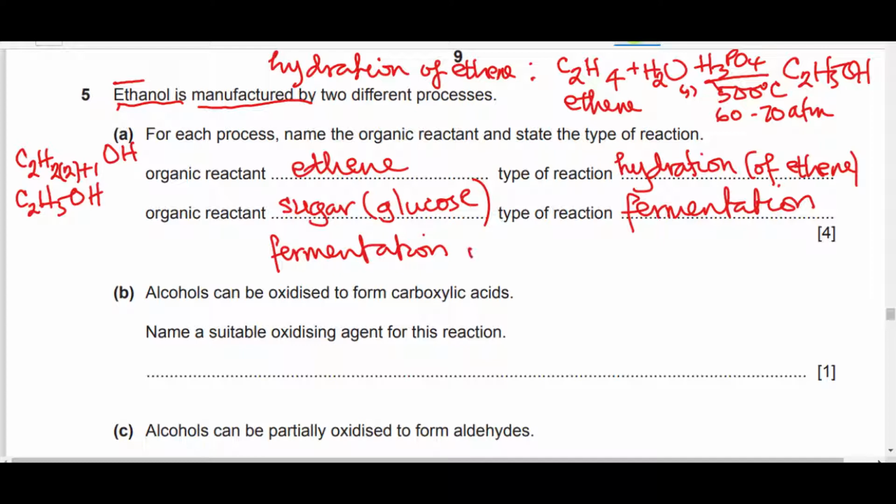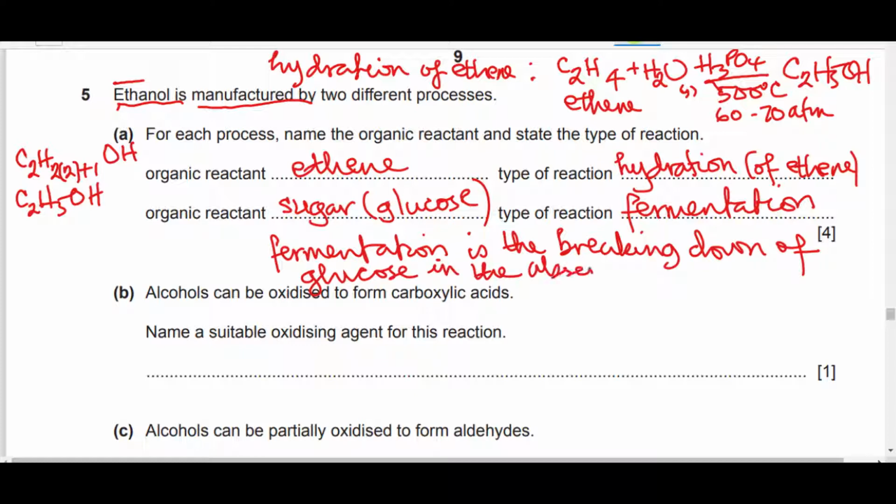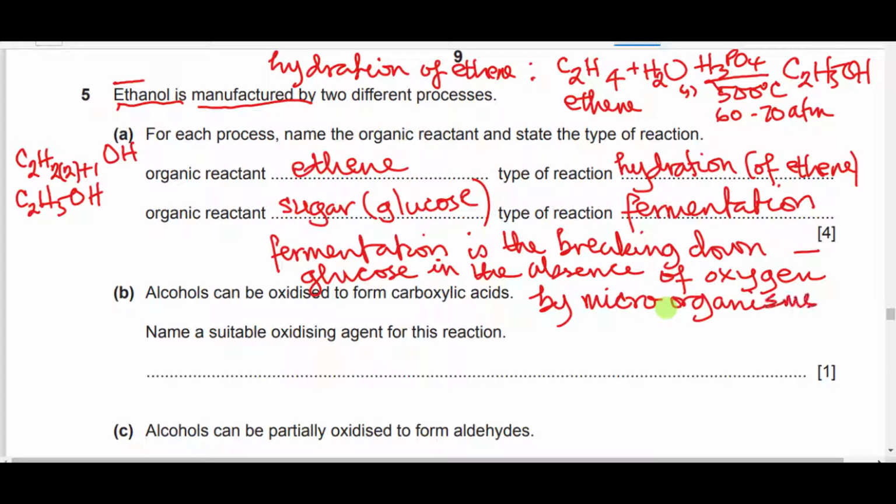Then fermentation, on the other hand, is the breaking down of glucose in the absence of oxygen by microorganisms to form ethanol and carbon dioxide.